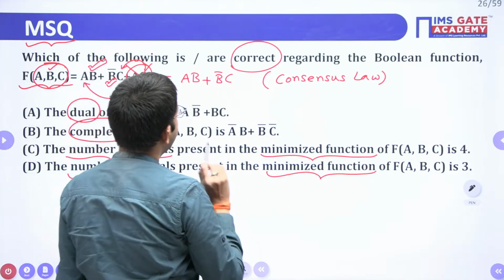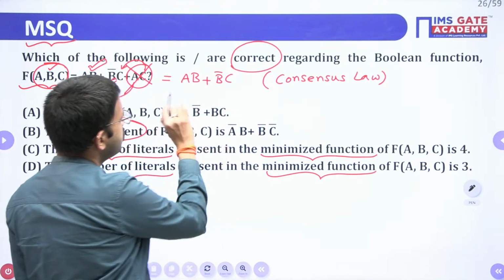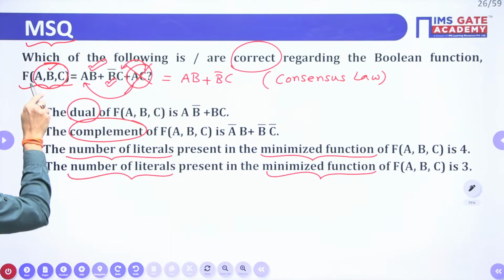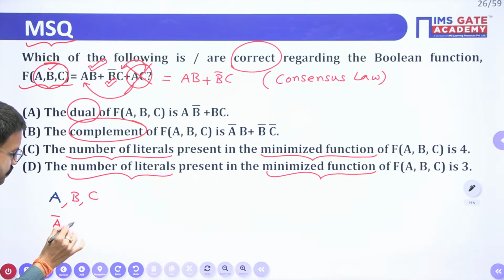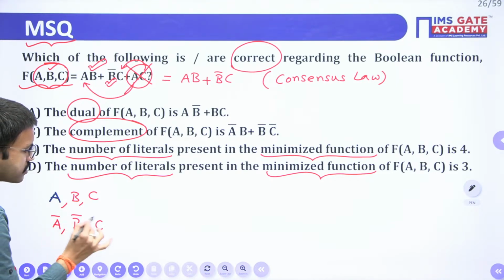Now in this particular function, in general, variables we always write in the normal form. Say for example, here you have 3 variables A, B, C. But the variables can be present in their corresponding complement version also, like A', B', C'.